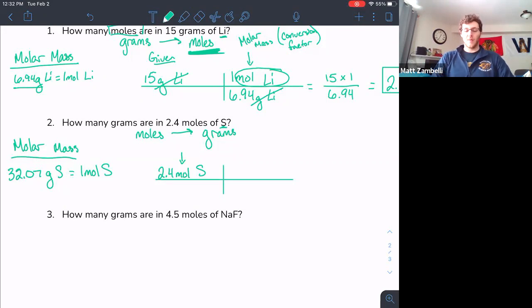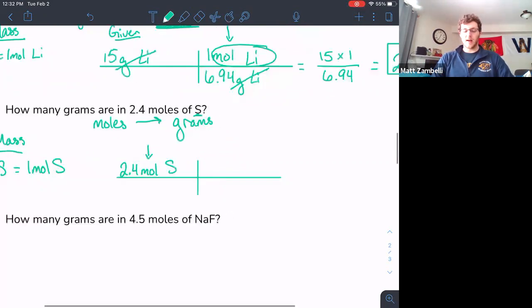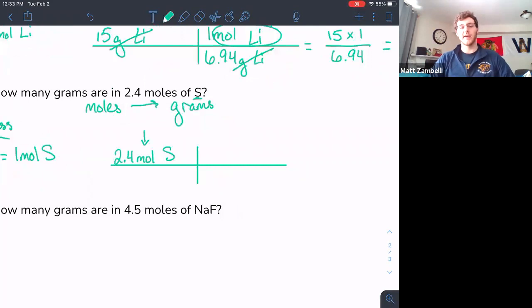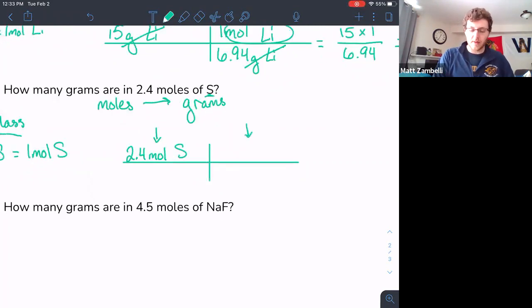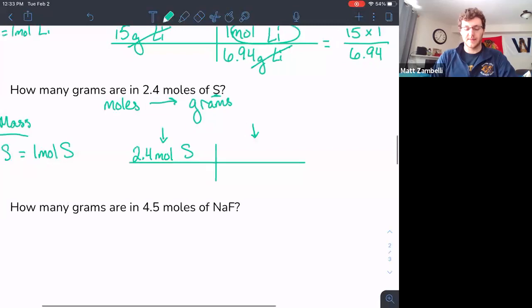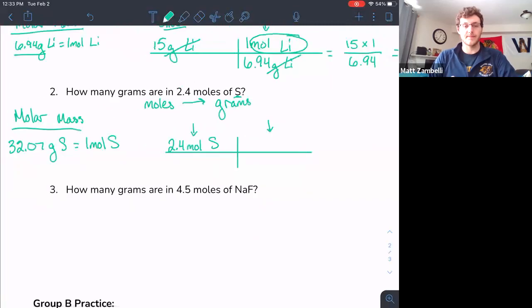All right, so now we need to make sure that we are going from moles to grams. We want to make sure our moles go away and we're leaving grams as our only unit. So how are we going to put our conversion factor, our molar mass, into this column so that we get rid of moles and we only have grams left? What goes on the top and what goes on the bottom?